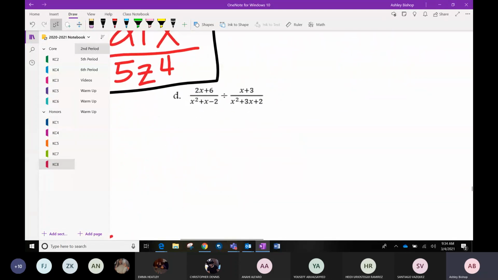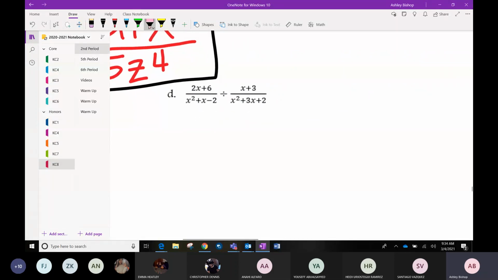The first thing I notice is that I am dividing. I call it keep, change, flip. When I divide, I keep the first fraction, change division to multiply, and flip the second fraction. So first you rewrite using keep, change, flip.